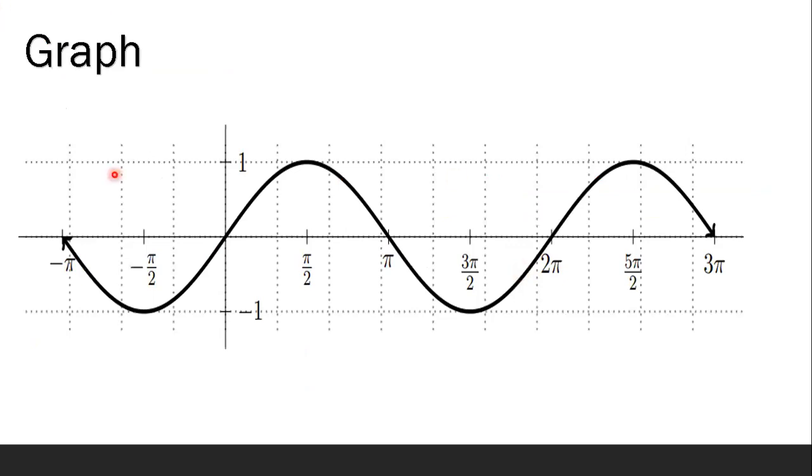Looking at the graph, this is how we graph trigonometric functions. I am using radian measures here. That's why I told you earlier that in solving for the value of f of x, the mode of our calculator should be in radian.